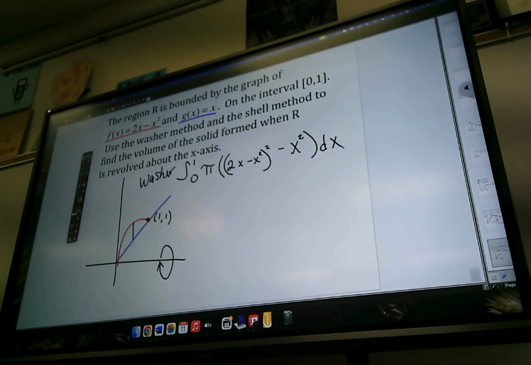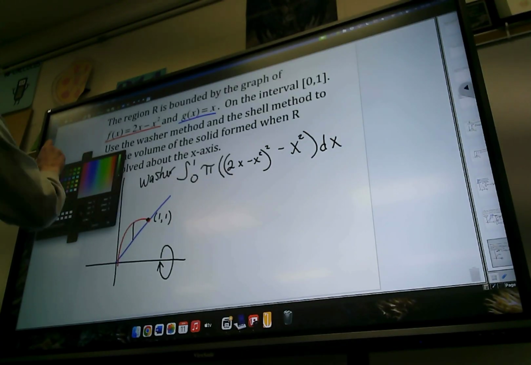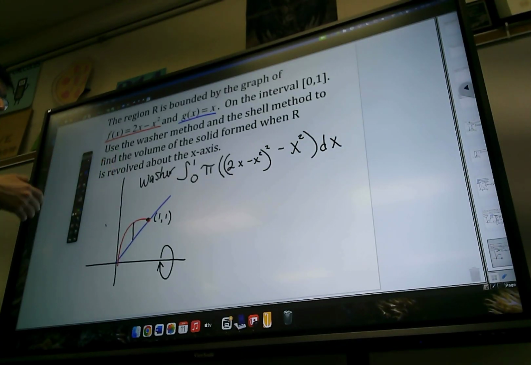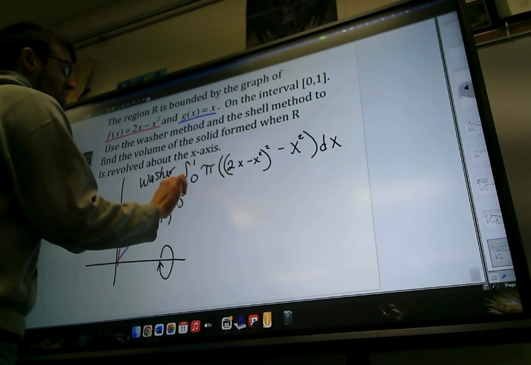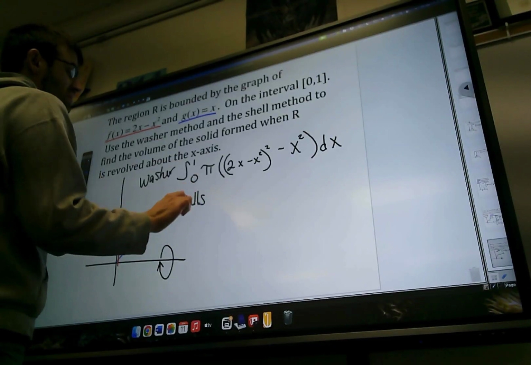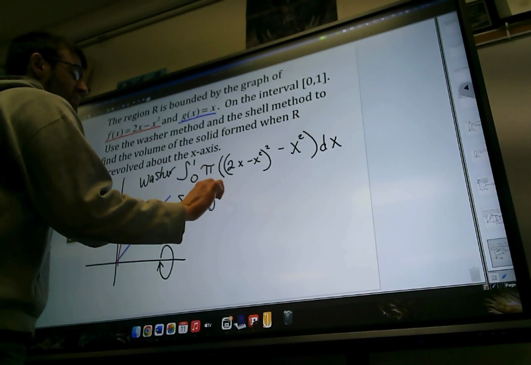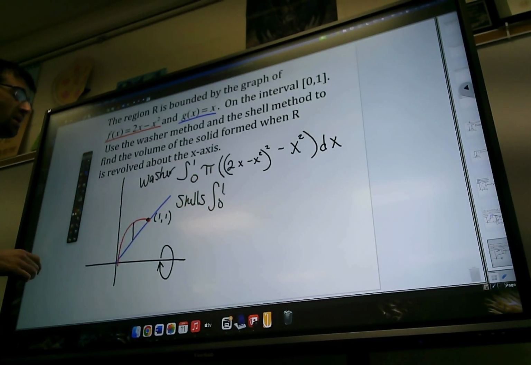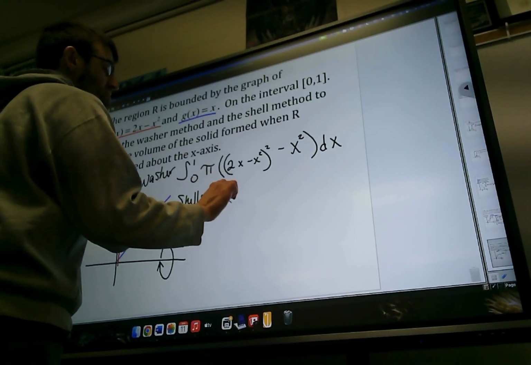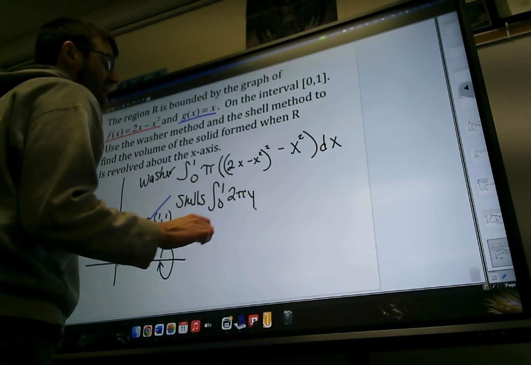Now, the shells are a little bit more difficult on this one, and this is the reason that we talk about whether to use washers or shells. Because if I want to do shells, what I would do is I would integrate from 0 to 1 of 2 pi y.